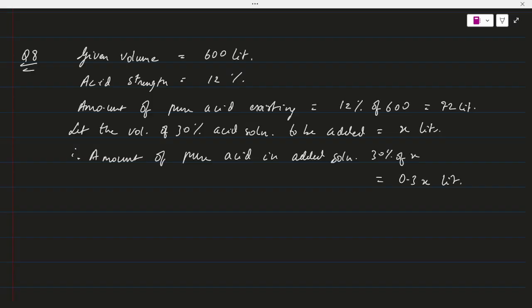They are saying that the acid in the resulting mixture will be more than 15% but less than 18%.